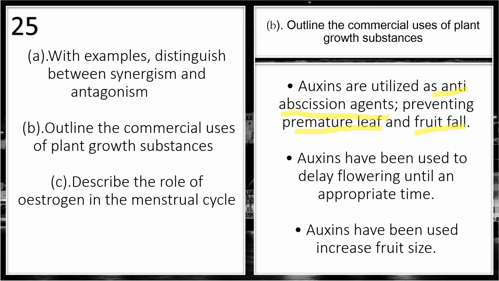Auxins have been used to delay flowering until an appropriate time. Auxins have been used to increase the fruiting size.